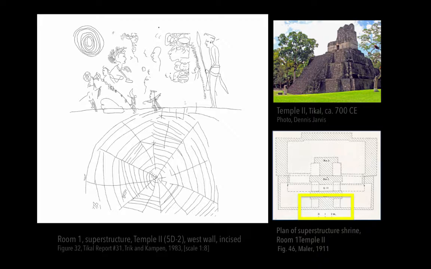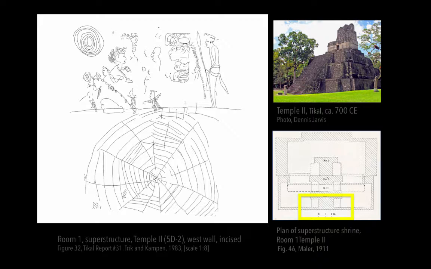The shrine is composed, if you look at the bottom right-hand corner, of a linear arrangement of rooms along a central axis. This central axis corresponds to the central staircase. Within that central axis, at right angles to it, are the lintels. This is the same general layout that you see for Temple 1's superstructure.